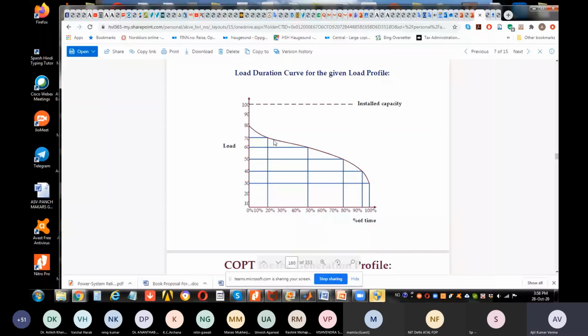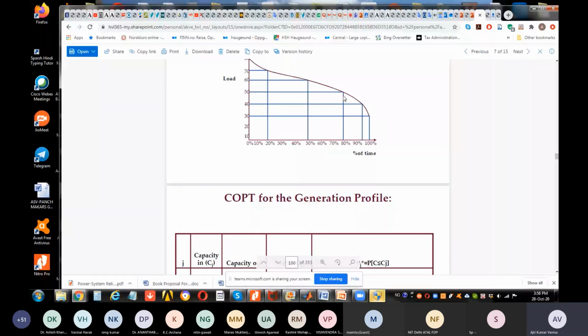Okay, so you have the load and you have the generation. Because of the varying states of the generation, and because the percentage of time for which the load also keeps varying, the generation also keeps varying, therefore the two together, what is the chance that load will be lost?